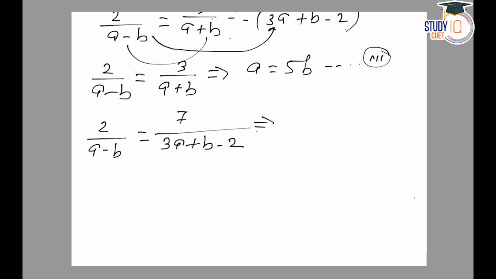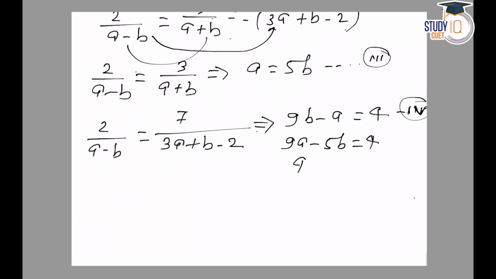By cross multiplying and after rearranging, we get 9b minus a equals 4. Let this be equation 4, and from 3 put a equals 5b. So 9b minus 5b equals 4, so 4b equals 4, hence b equals 1.